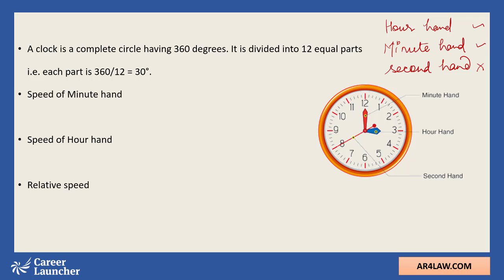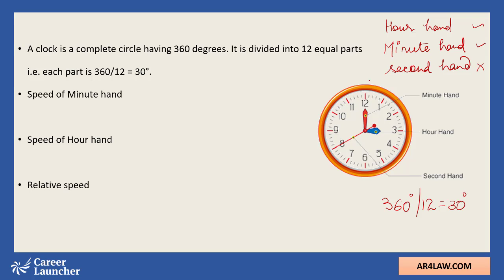Before that, we also need to understand there are 12 divisions in a clock, starting from 1, 2 and going forward to 12. Since it is circular in shape, the entire rotation is 360 degrees, and we have 12 divisions on the clock. So each division is 30 degrees.